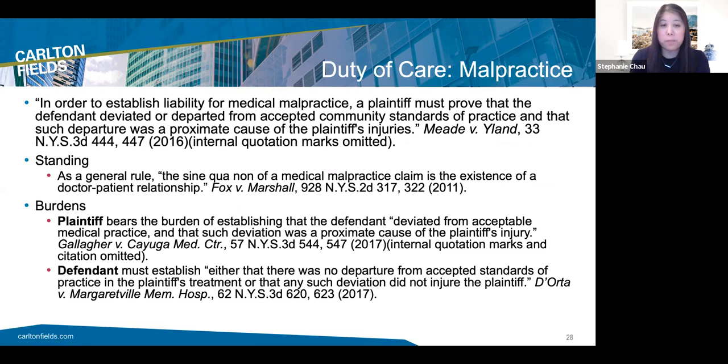the professional obligations in ethics, but the crux of medical malpractice is that a plaintiff must show that the defendant deviated or departed from accepted community standards of practice, and that such departure was the proximate cause of the plaintiff's injuries.